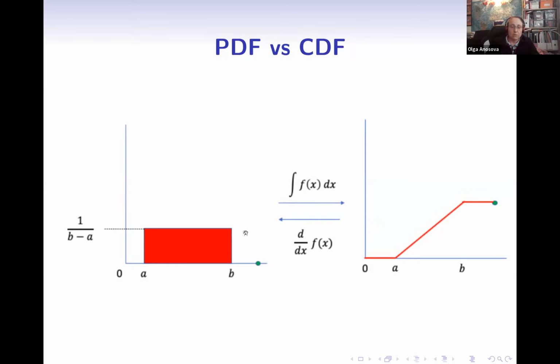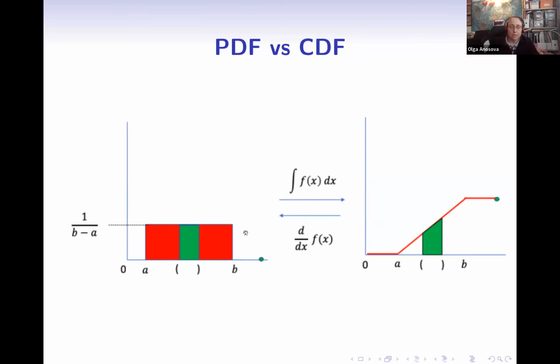And as we all know, to define the probability of getting between 2 points, which is green here, then on the right picture, it will be just the difference of values in the cumulative function between 2 points. And in the left picture, because it's a derivative, it should be the area under the relevant density.